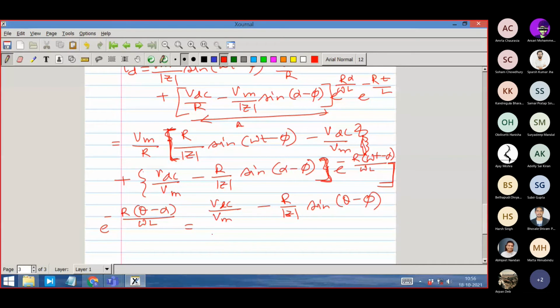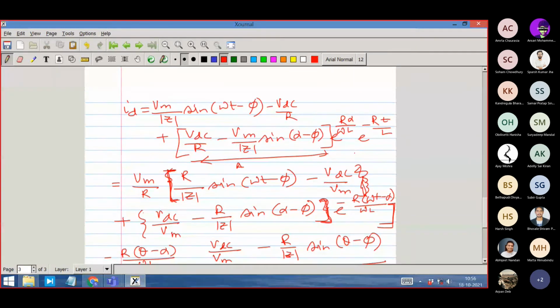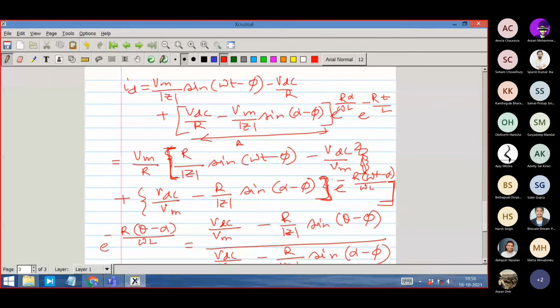Okay, so let me make it clear to you, this is the expression of I. This can be written as this after taking that part inside, and then we say that at theta is equal to beta, ID is again 0.